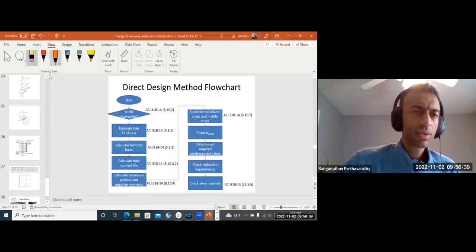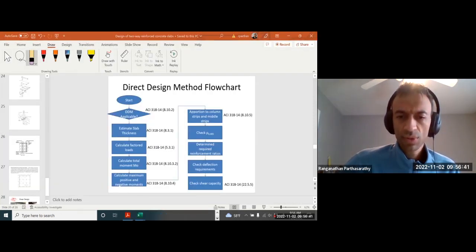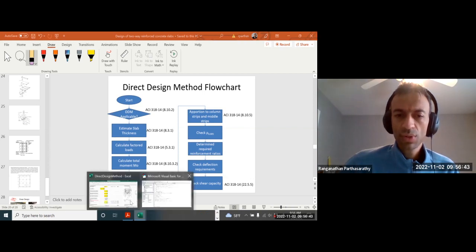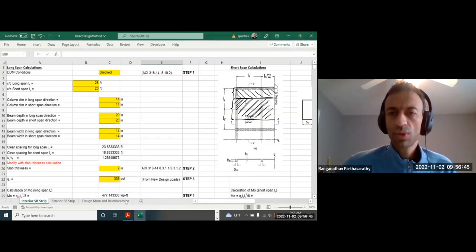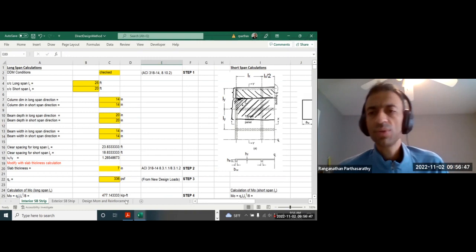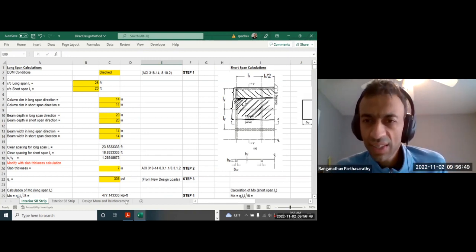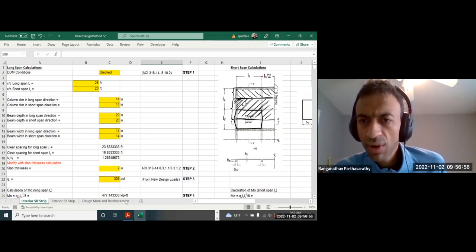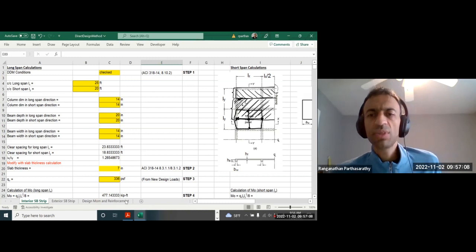For example, this is our exterior panel. For the long direction, you have interior negative, positive, exterior negative, positive, interior negative. For the short span, both are interior negative and this is positive.